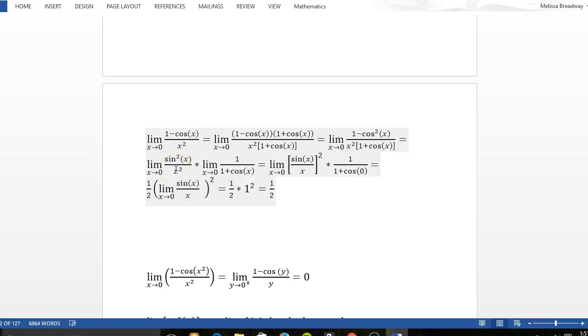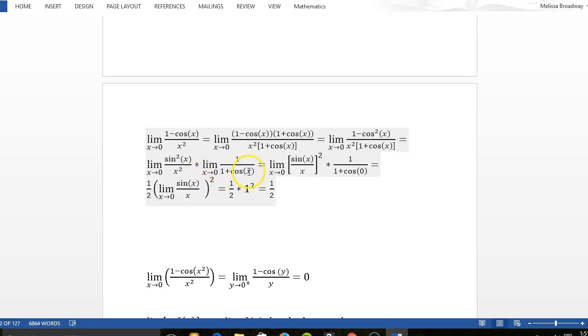Okay. And now here's the thing. What about that 1 plus cosine x? We can't just disregard it completely, not yet. Or actually, no, we're not at all, in fact. So remember, the limit of the product is the product of the limits as long as everything is non-zero. And that's going to be the case here.